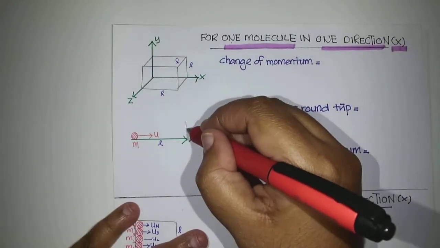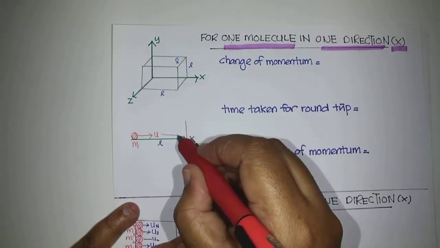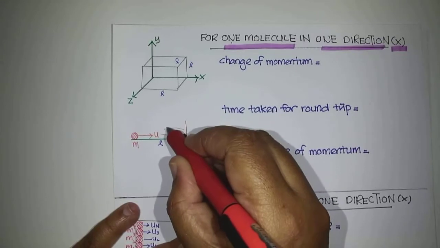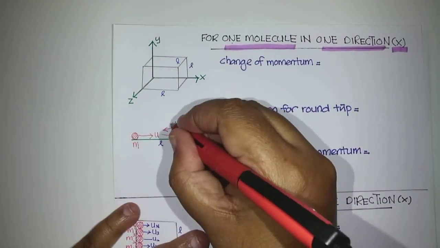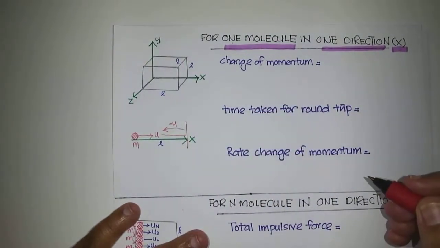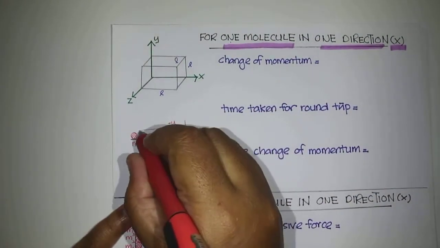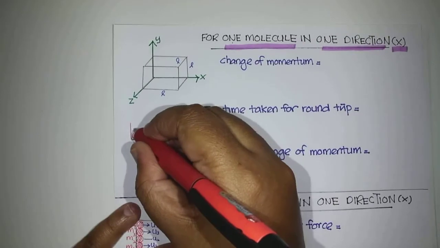Once it hits the wall of the container, it bounces back with the same speed u but in the opposite direction, which is negative, and it comes back to this part of the container.